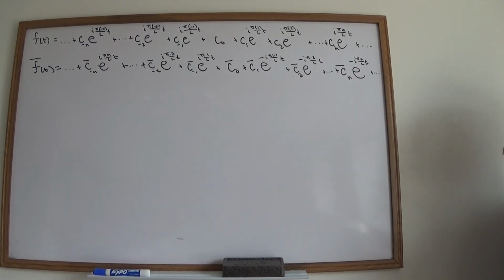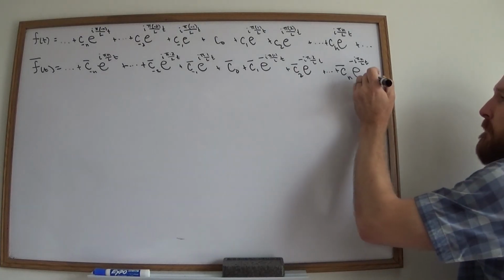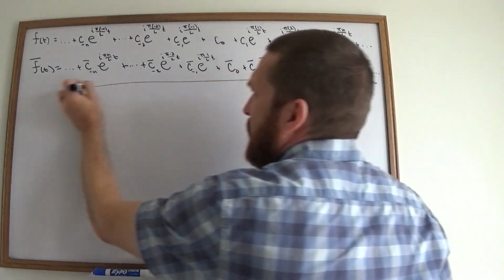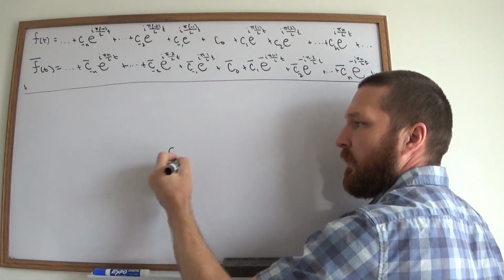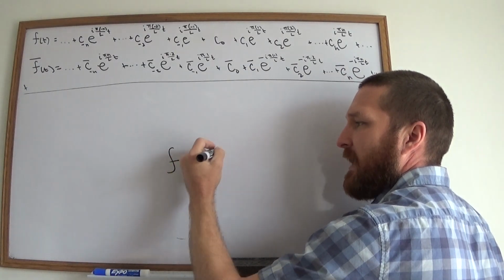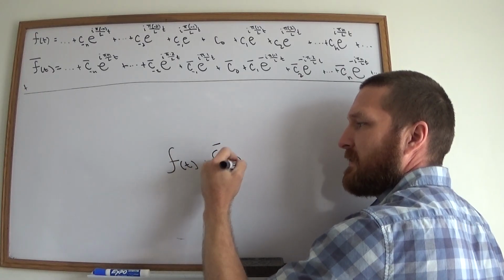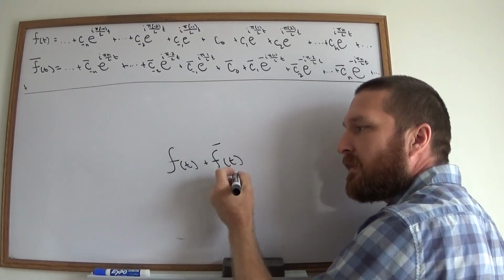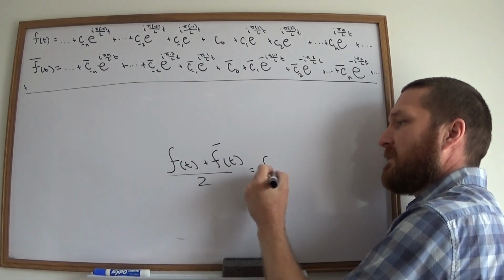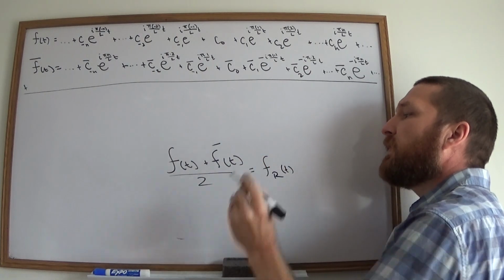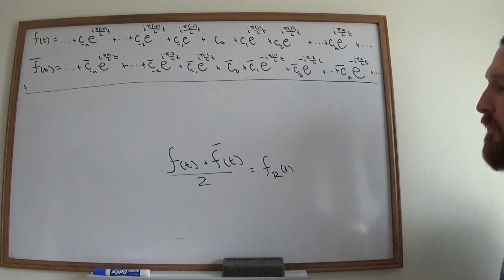Now I'm going to add these things together, because I am on my way to getting just purely the real part. That's what I'm interested in right now. I'm going to add these guys together, and then I will be dividing them by 2 eventually. And we know that what that does is gives me just the real part of f.